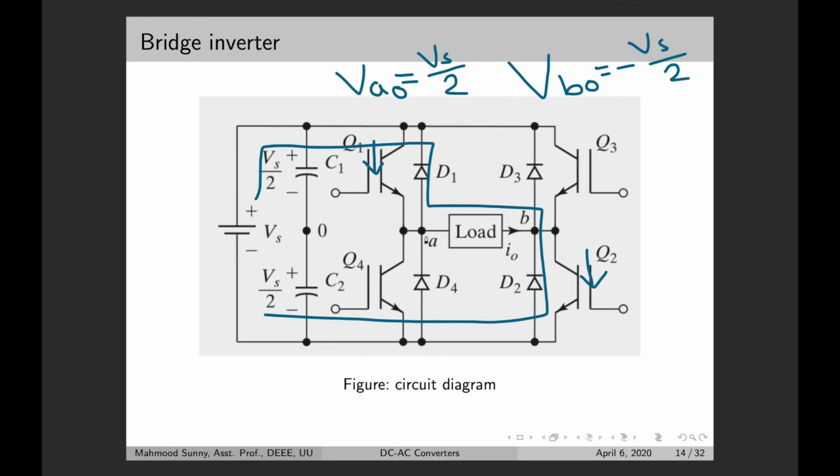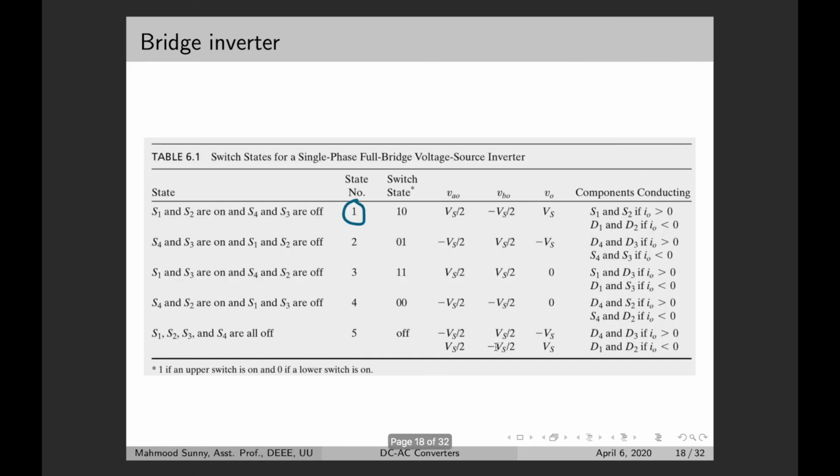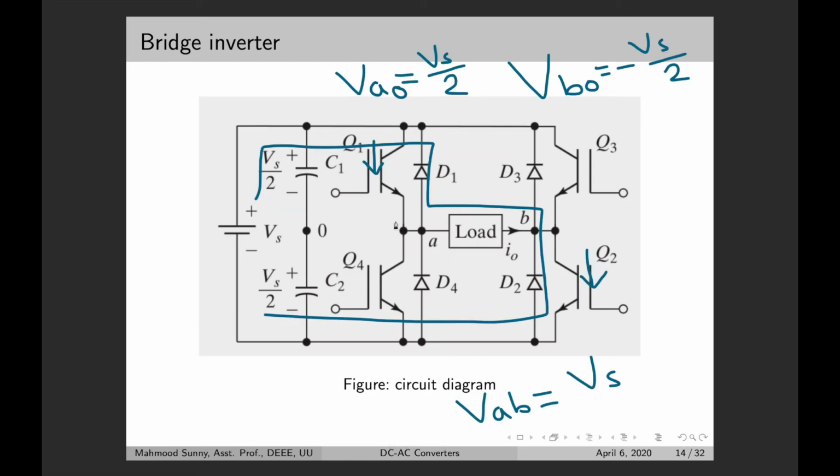So to measure the voltage between the terminals A and B, we can check VAB would be Vs divided by 2 minus minus Vs divided by 2, which gets us Vs. Okay. So from this table, S1 and S2 are on, so we get Vs as our output voltage. For the other states, you can just go to the circuit diagram and check the values of these two terminals.